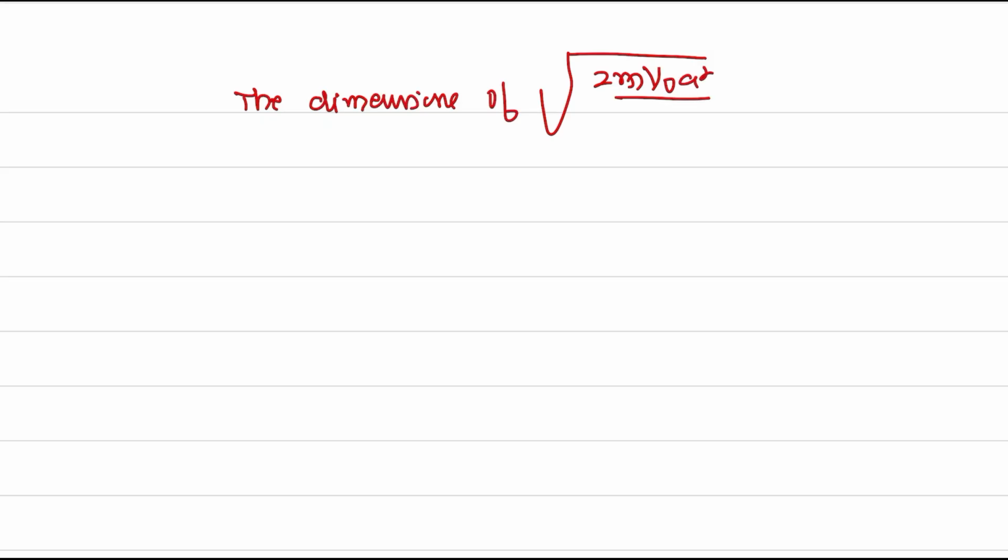The dimensions of the given equation, 2m V naught a square by h cut square, is equal to M to the power of 0, L to the power of 0, T to the power of 0. It is a dimensionless quantity.